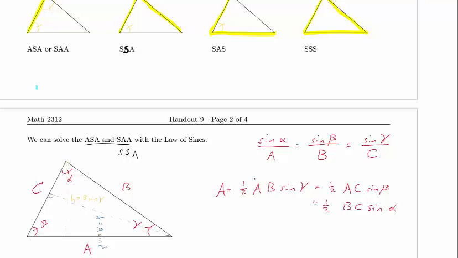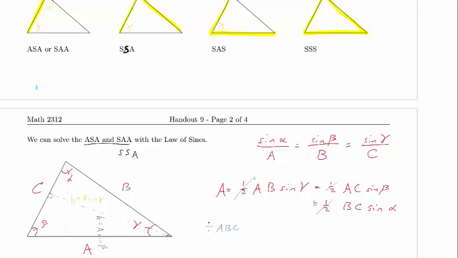All right, and so from here we simply simplify. We note that there's a 1/2 in every expression, so we can get rid of that. And then we're going to divide everything by ABC.